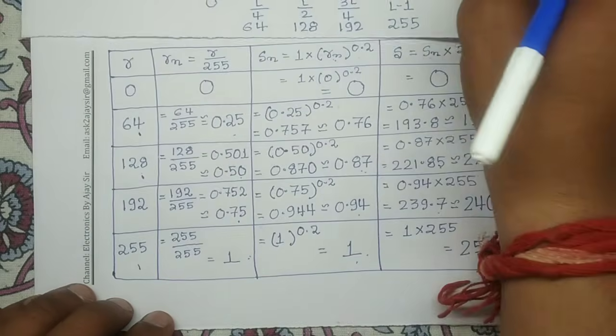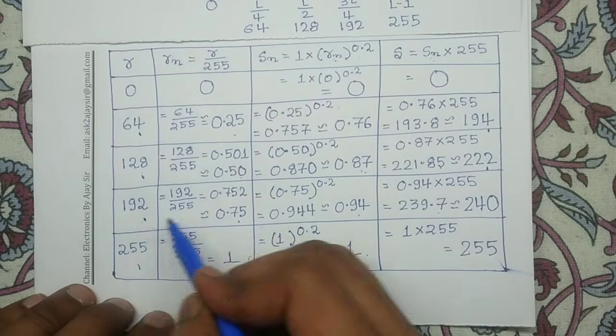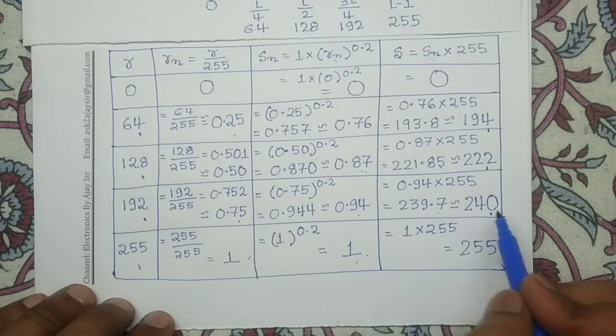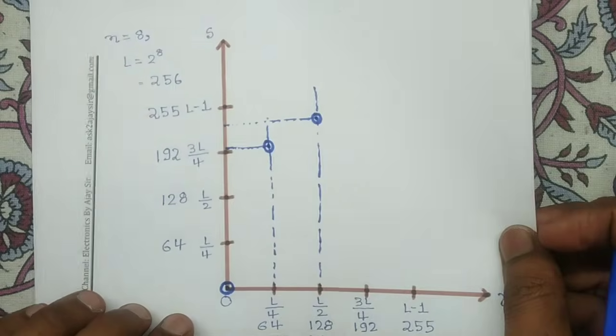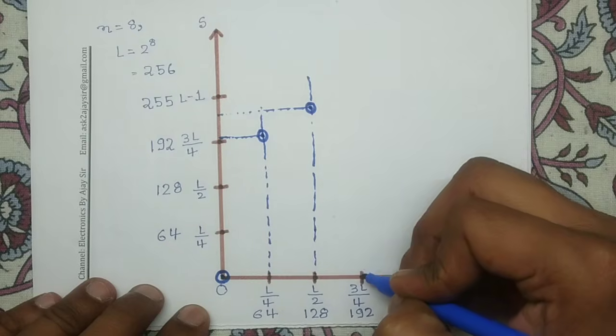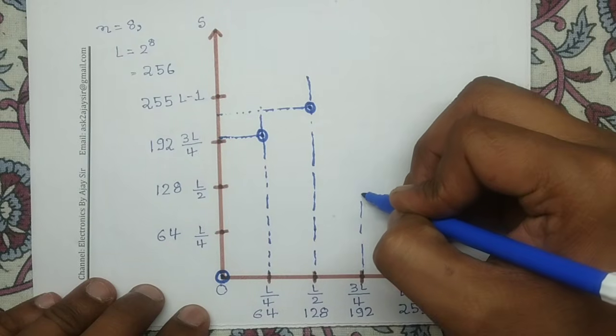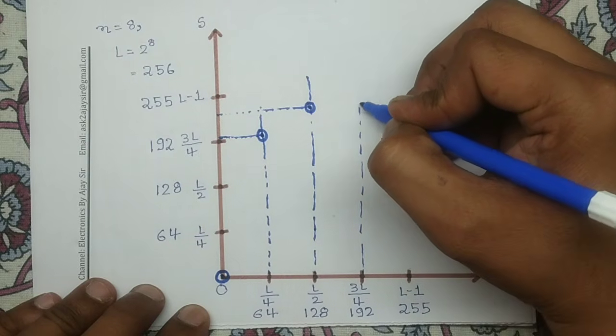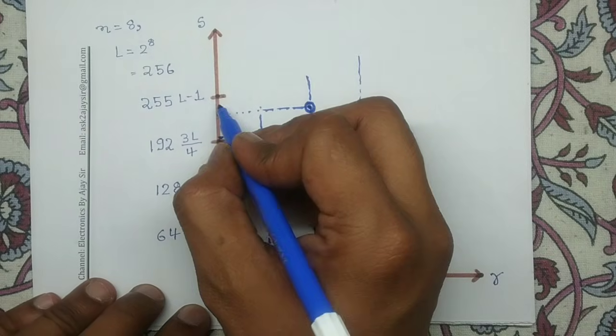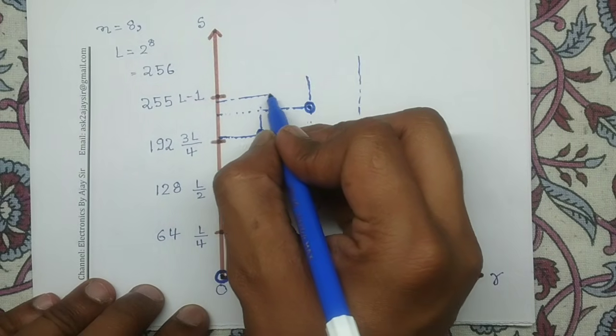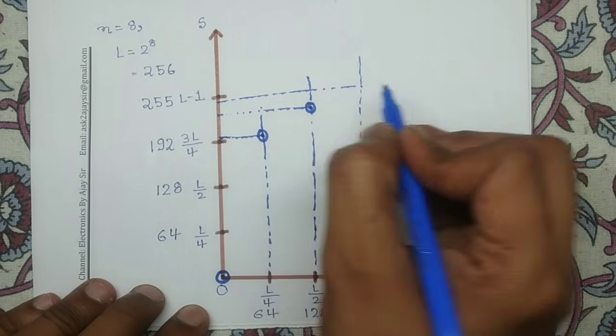Next, when r equals 192, s equals 240. When r equals 192, s equals 240, very close to this line L minus 1.